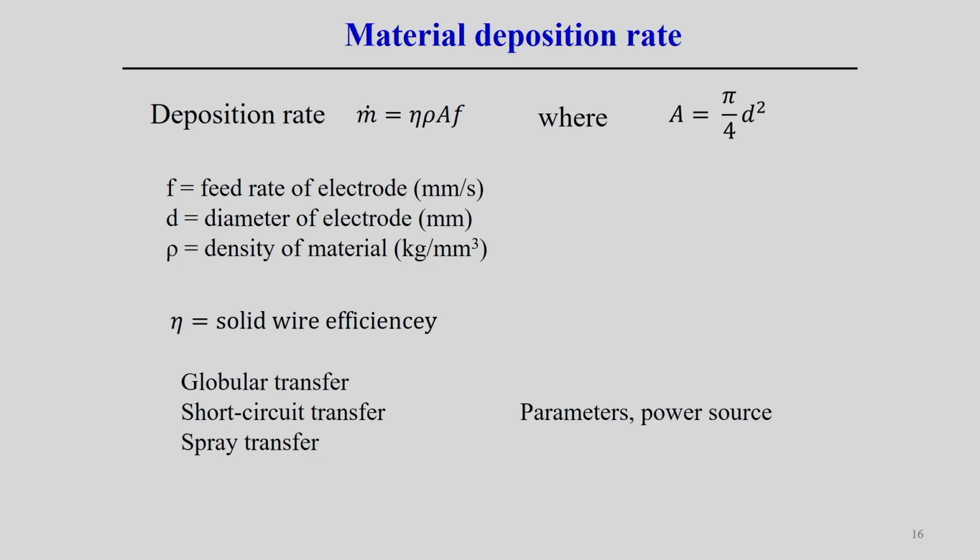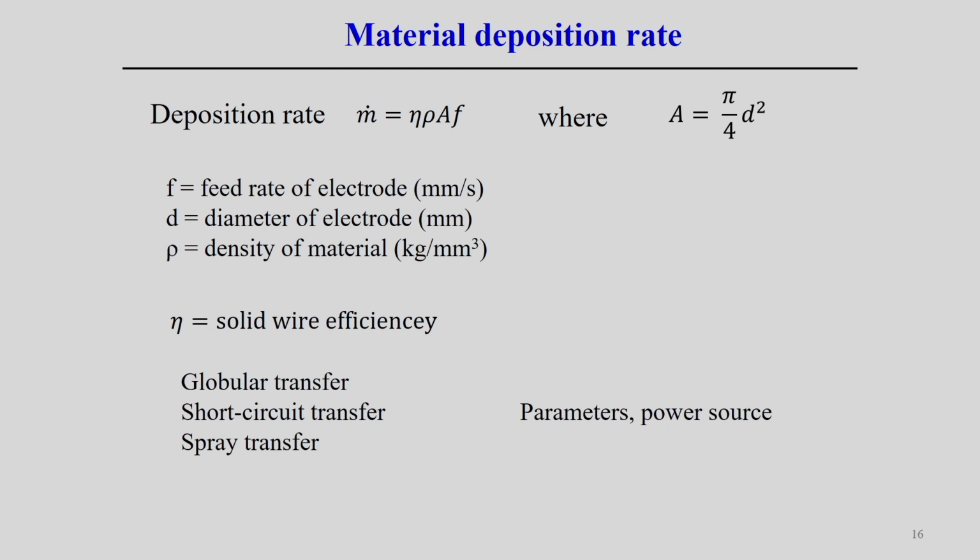Before doing that, some overall idea of how this metal transfer normally happens in the gas metal arc welding process. In a simple way we can represent this. There is a continuous feeding of the wire, and there is generation of the arc, and it follows some feed rate.